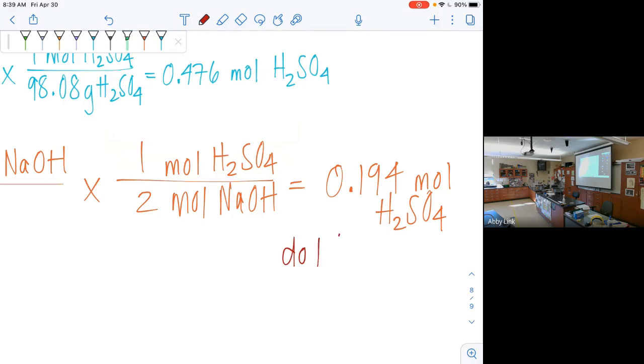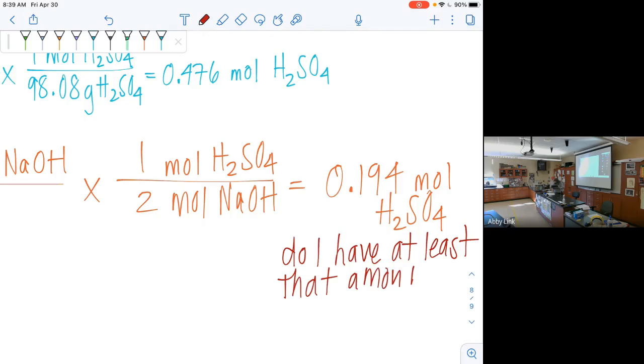Do I have at least that amount? I do, yes. In fact, I have a lot more than that, right? I have 0.476 moles of it. So 0.194 is less than 0.476. You can all agree with me on that, okay?